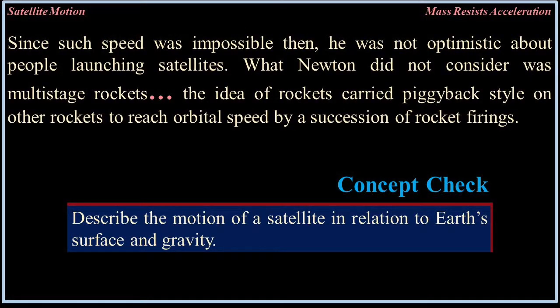Since such speed was impossible then, Newton was not optimistic about people launching satellites. What Newton did not consider was multi-stage rockets, the idea of rockets carried piggyback style on other rockets to reach orbital speed by a succession of rocket firings.